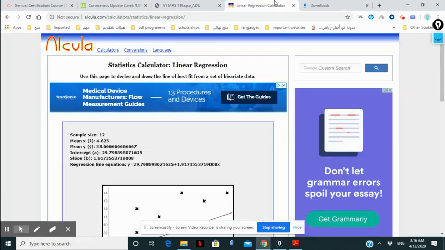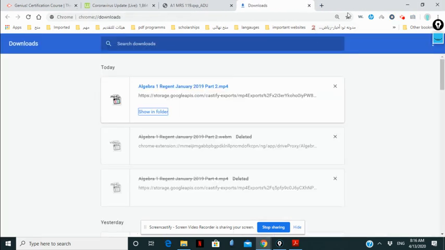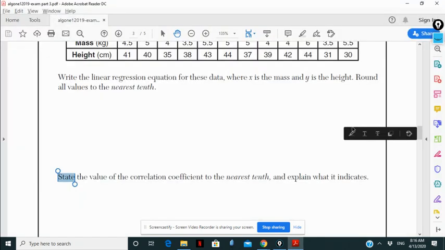So the calculator is correct. Okay, let's go for the next part.